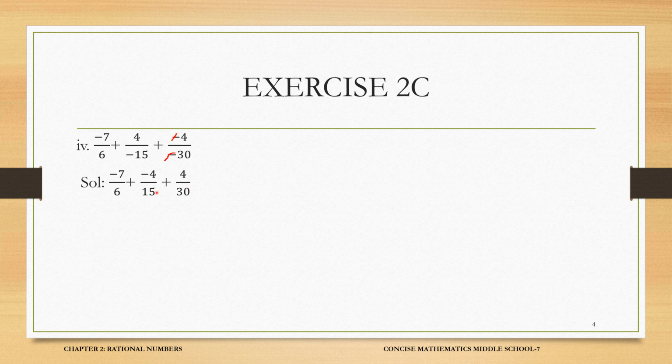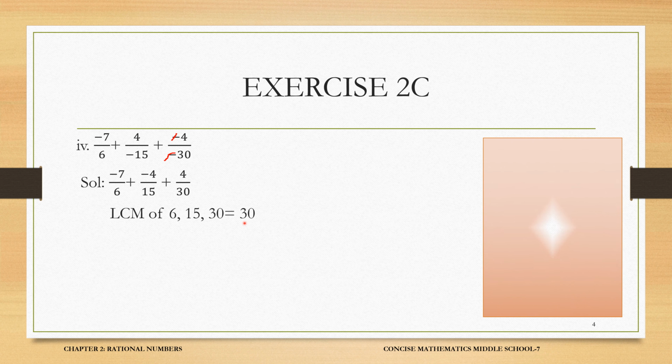Now our next step is to make the denominators equal. For making the denominators equal, we are just taking the LCM of the denominators, that is 6, 15 and 30. It becomes 30. In a rough work, just write down 6, 15 and 30.